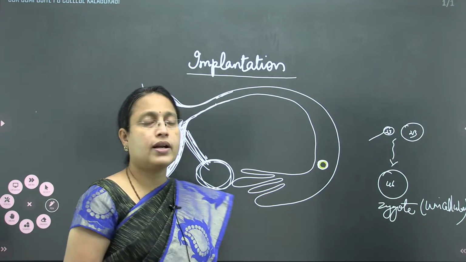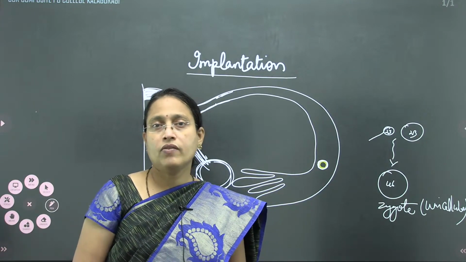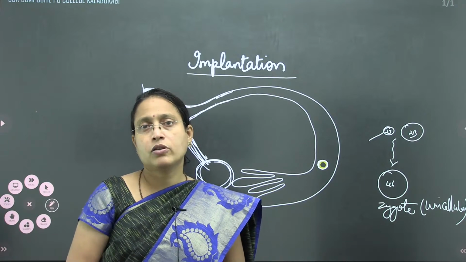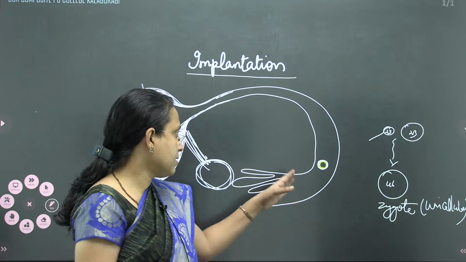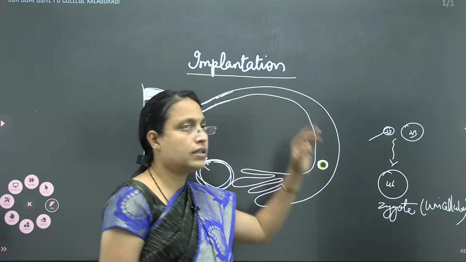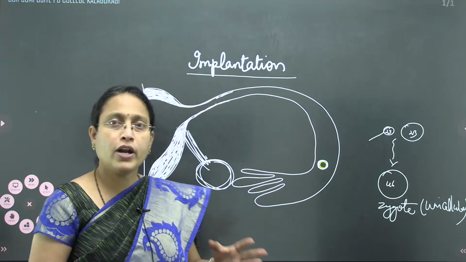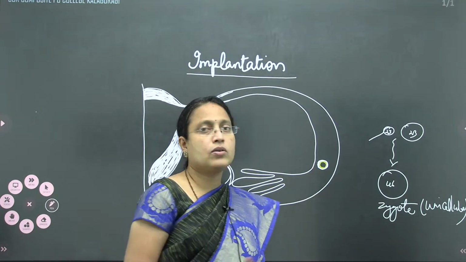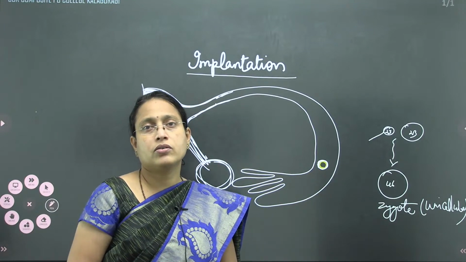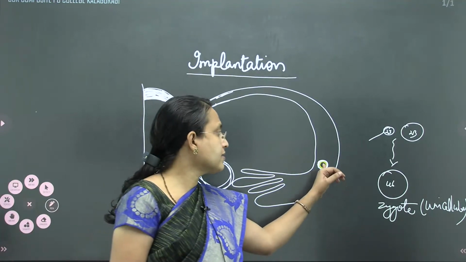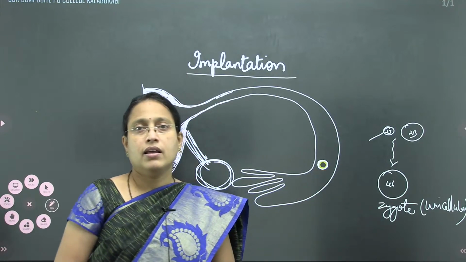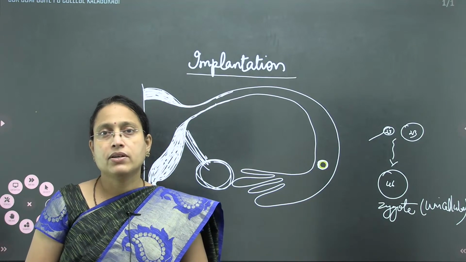How about corona radiata cells? Yes, along with it, even corona radiata cells will also be present. But as the zygote starts dividing, the corona radiata cells will disappear. But for implantation purposes, only two components are important: one is the zygote, another is the zona pellucida.